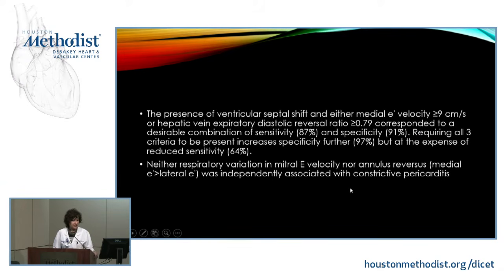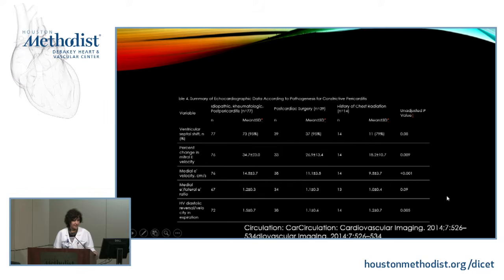Interestingly, the respiratory variation was not found to be independently associated with constrictive pericarditis in this small single-center study. I want to also mention briefly here that the etiology of constrictive pericarditis also affects the findings that we have. So the classic findings that we discussed earlier are very much present with the idiopathic or post-operative cases.